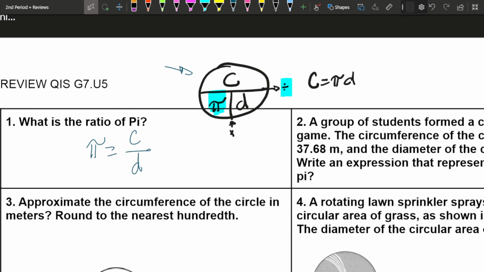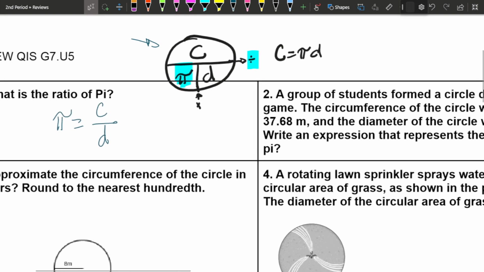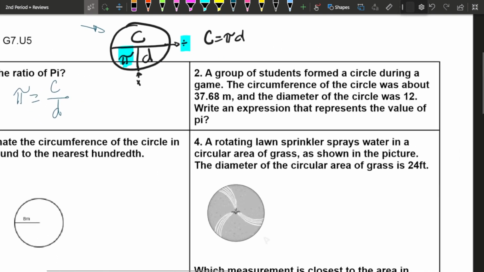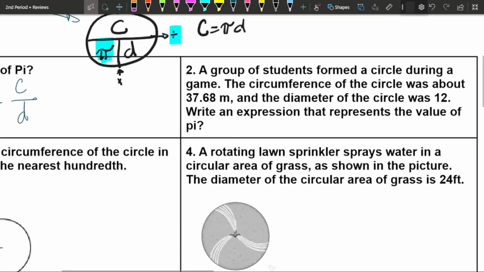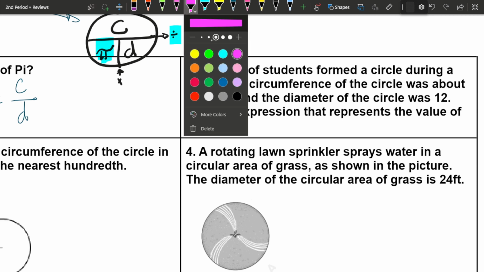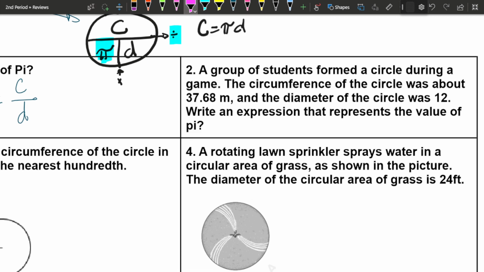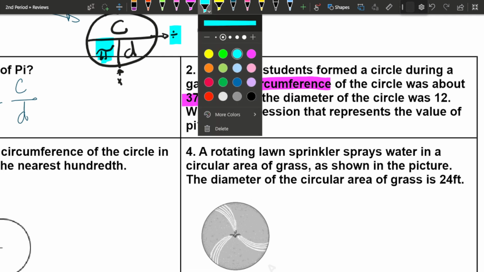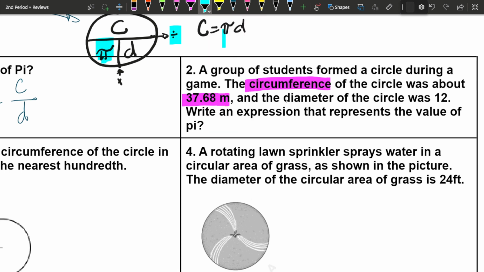So number 2 is going to be kind of like a follow-up question on number 1, because we have a word problem. It says, a group of students formed a circle during a game. The circumference of the circle is about 37.68 meters, and the diameter of that same circle is about 12.